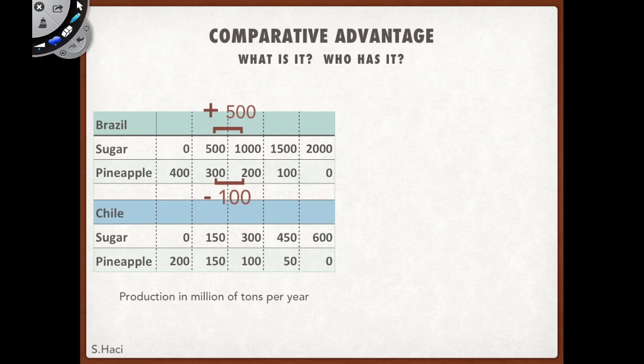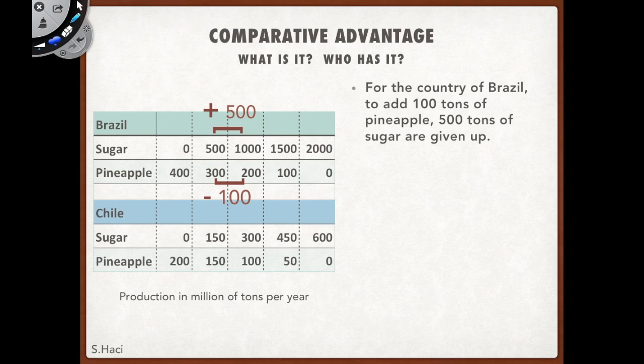A couple more examples. If you calculate the opportunity cost for pineapple this time for Brazil, if Brazil wanted to add pineapple, so go from 200 to 300 and add 100, they would give up, and this is a negative sign, 500 tons of sugar to do so.